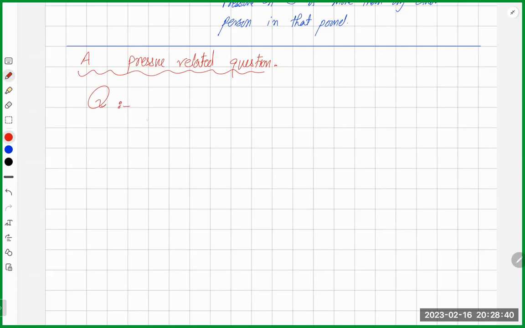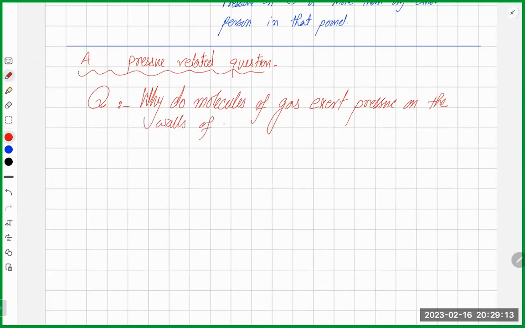Question: why do molecules of gas exert pressure on the walls of the container?